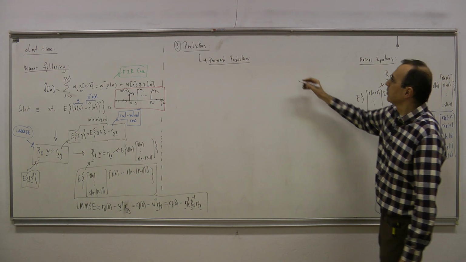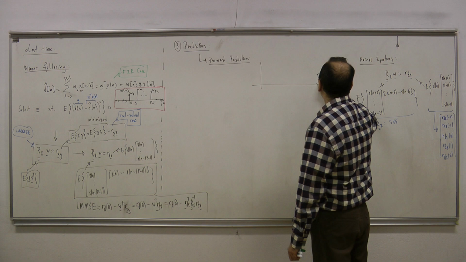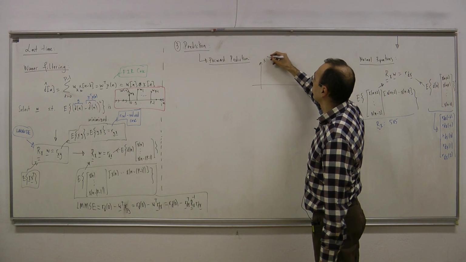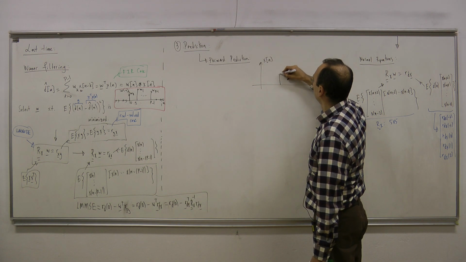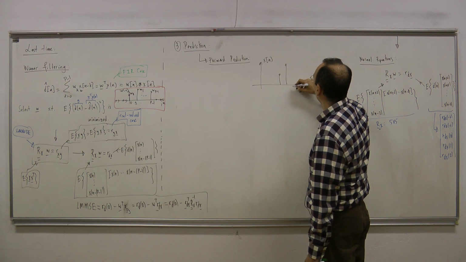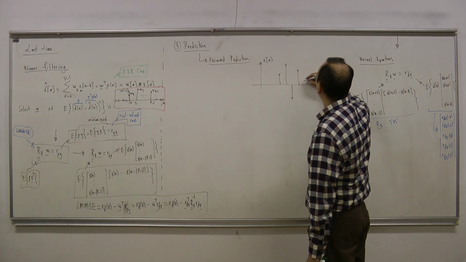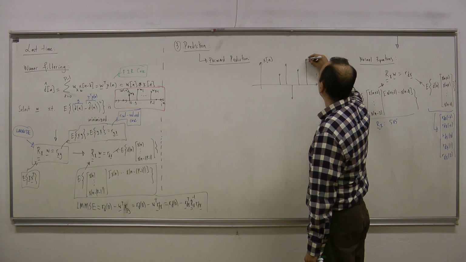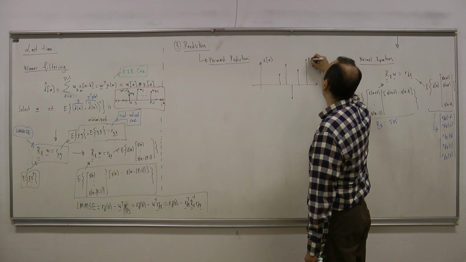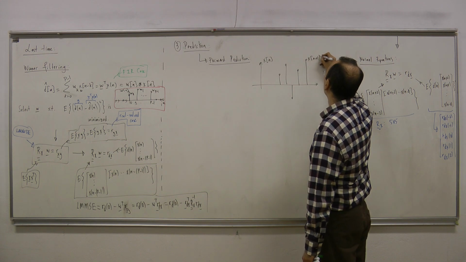Now the issue is this. Let's say I have this X process, so I have some samples of X. This is, let's say, X of n plus 1.